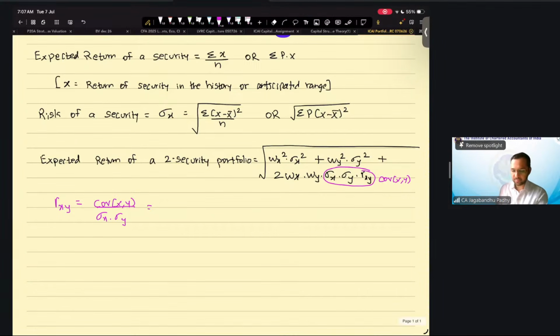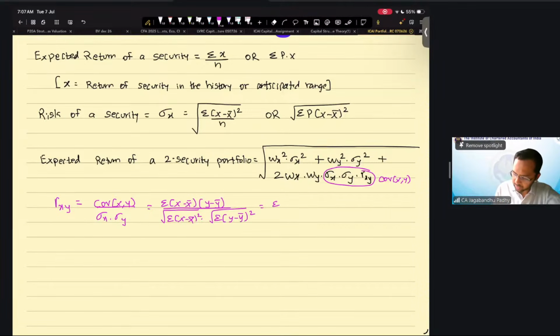Or you can further expand the formula and you get this as summation x minus x bar, y minus y bar, the whole divided by square root of summation x minus x bar square and square root of summation y minus y bar square.